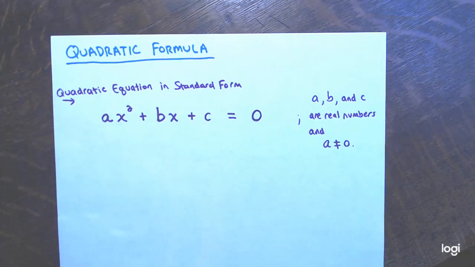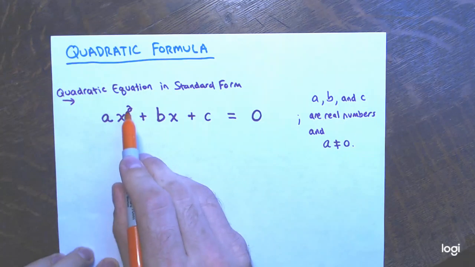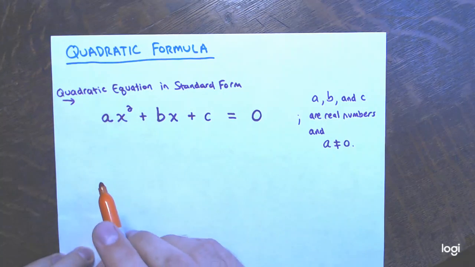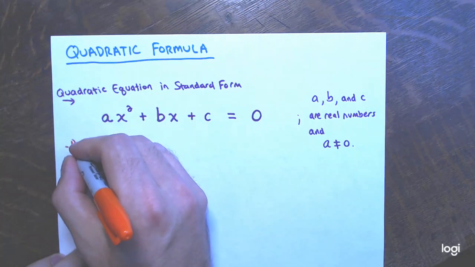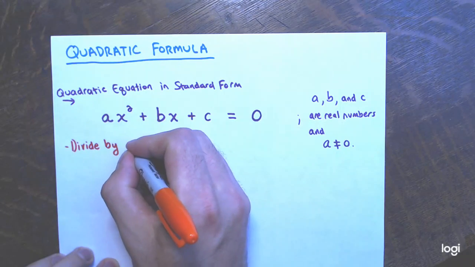Alright, so how did that go? Well, in order to complete the square, remember the coefficient on the x squared term needed to be 1. So if this a is not 1, what do we do? Well, we need to divide by a. So I'm going to divide by a on both sides.